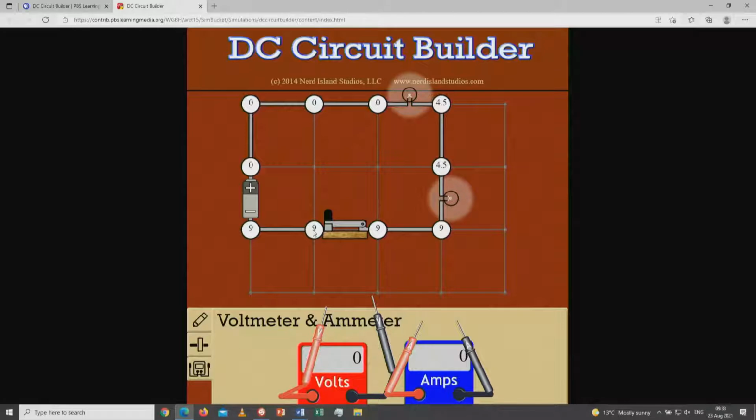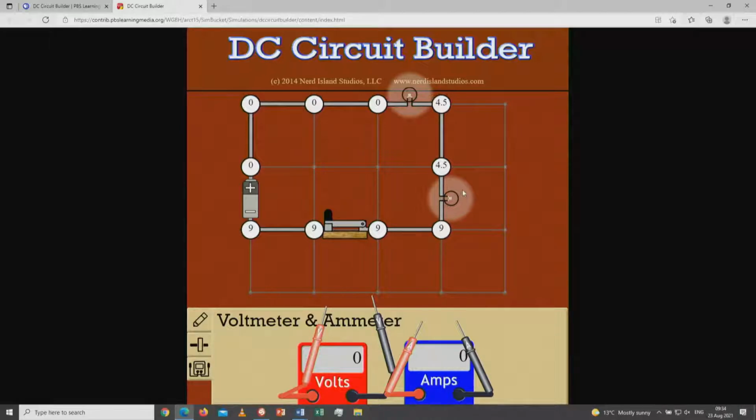So I think this can also help us to explain the concept of potential difference, in the sense that, let's take this bulb for example. This says there's a potential of 9 volts because the battery's voltage is 9 volts. There's a potential of 9 volts at one end of that bulb.